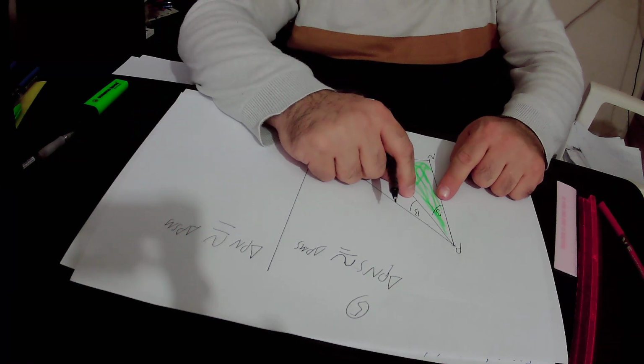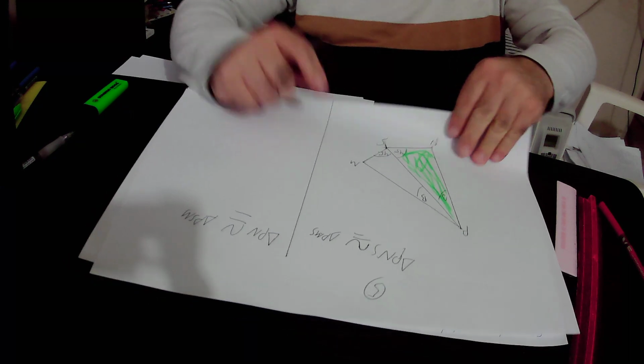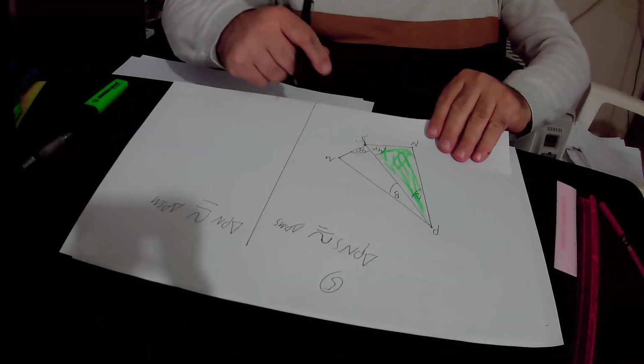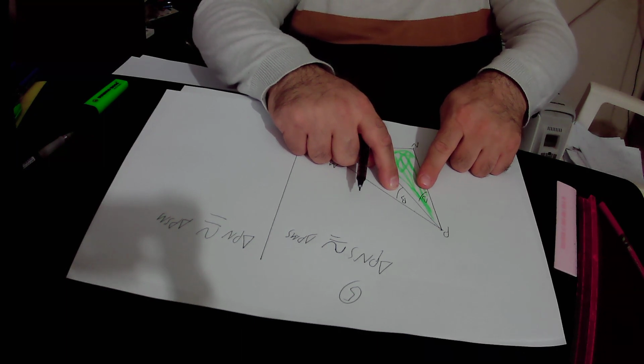those two angles, they are equal to each other. They are both equal to beta.